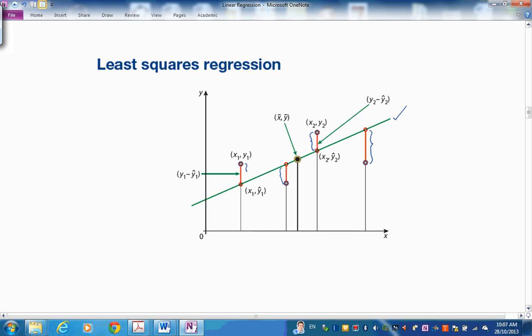So these little blue squiggles I'm putting here show you that some data points are away from the line. Now we want to minimise the total deviations of points, each point away from the line.